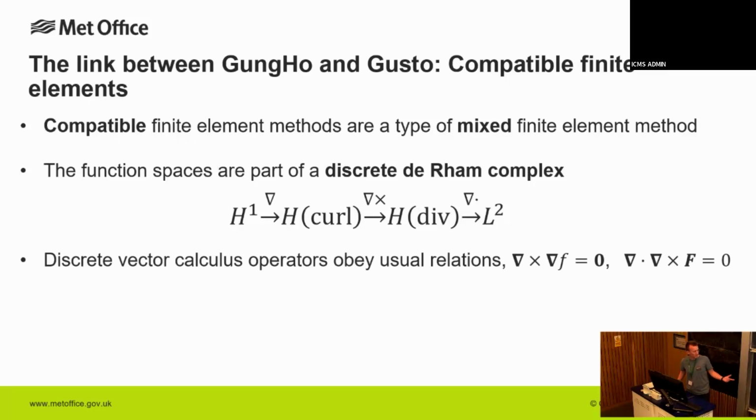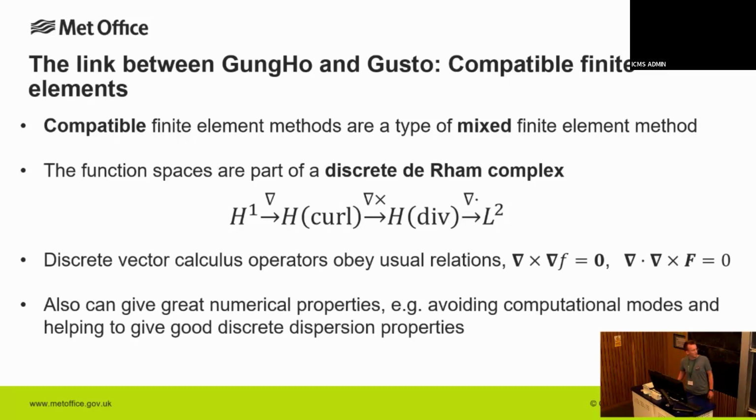So curl of grad of a scalar is 0, and div of curl of a vector is also 0. So the methods we are using mimic the kind of C-grid staggering that you'd get in finite difference methods. So this avoids computational modes. So in our model, we don't have any kind of additional diffusion apart from that from the numerics or divergence damping, and you get good discrete dispersion.